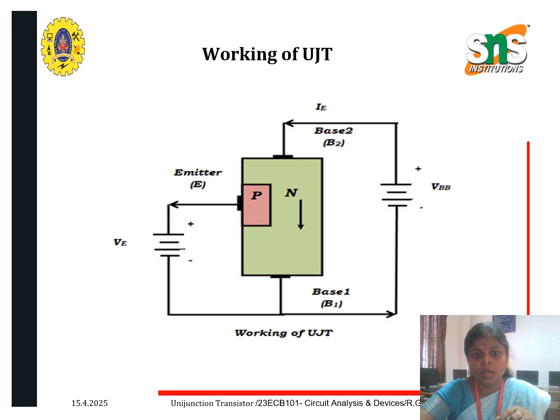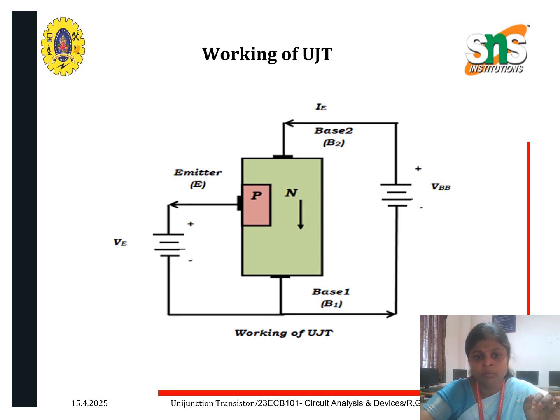Then discussing the working principle of the UJT, the P-type material is connected to the emitter terminal, the topmost part of the N-type material is connected to base 2, and the bottommost is connected to the base 1 terminal. The P-type material is connected to the positive terminal, and base 1 is connected to the negative terminal.